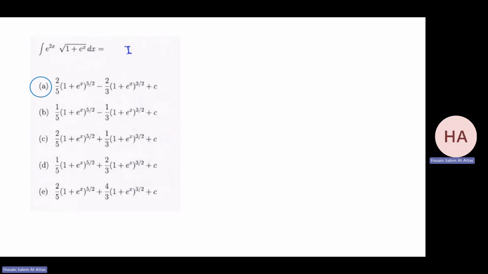Now with e to the power x. I let u equal 1 plus e to the power x. What will be du? Du will be e to the power x dx.